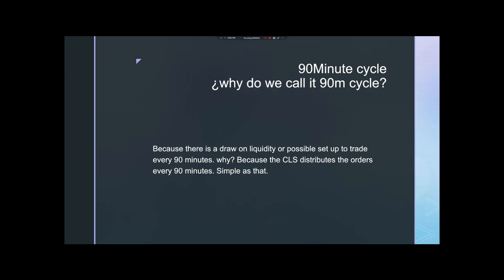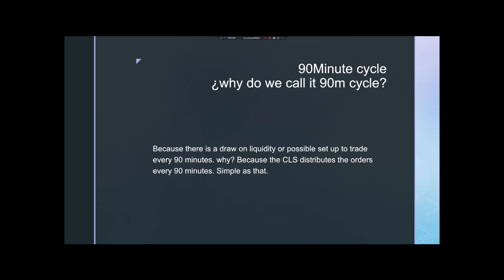As I told you, the central bank doesn't move the market. The central bank books the order with the CLS, and the CLS moves the market. The CLS distributes those orders every 90 minutes.